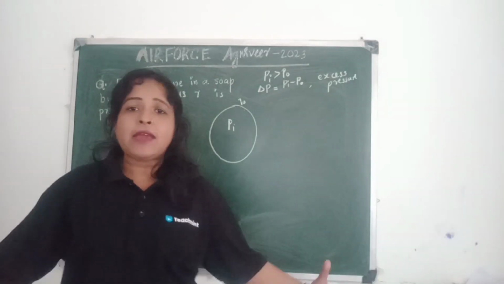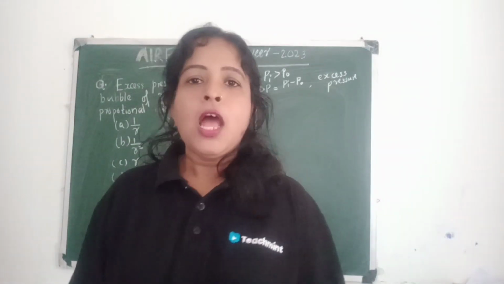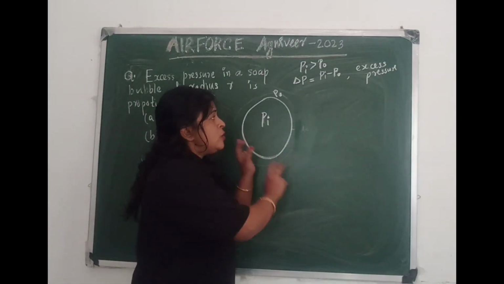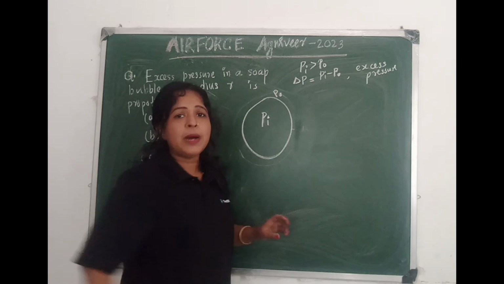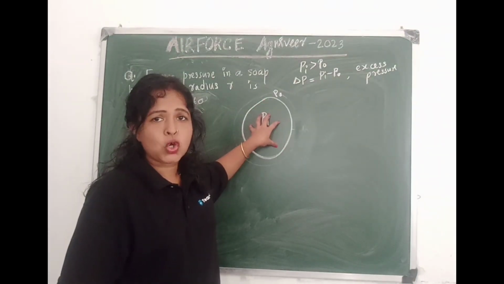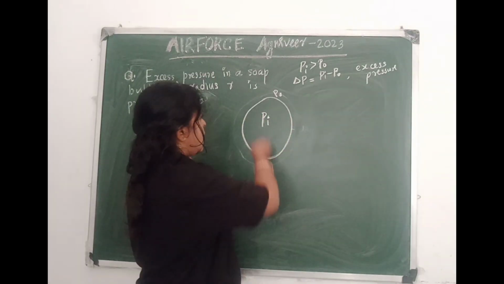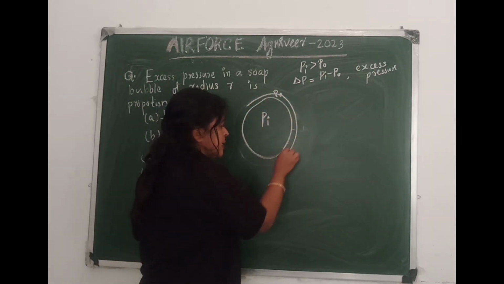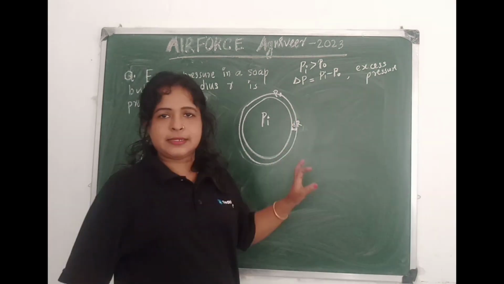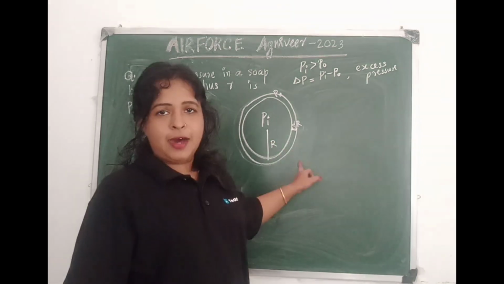In order to derive the excess pressure inside the soap bubble, first consider the work done to expand the bubble. Due to the high pressure inside, the surface area increases a little, displaced by a distance dr, and the radius of the bubble is r.